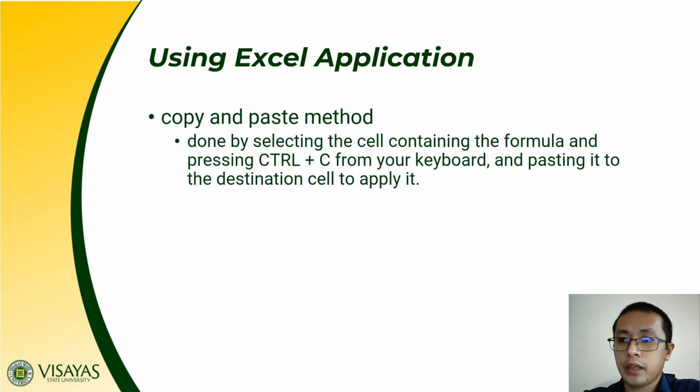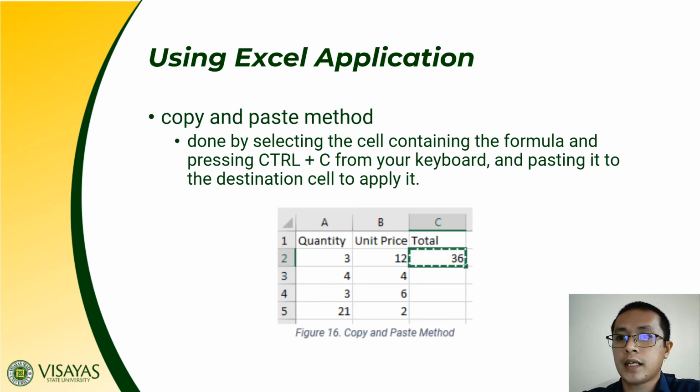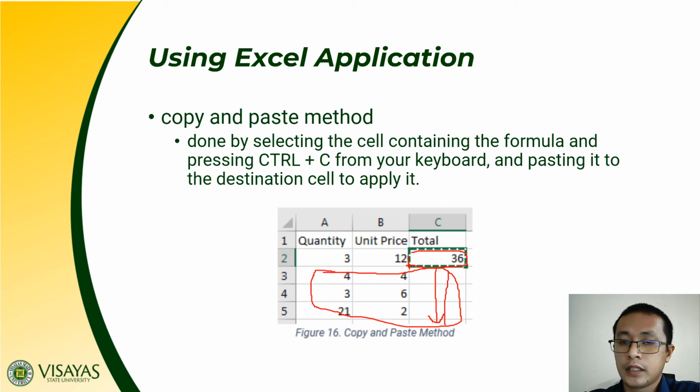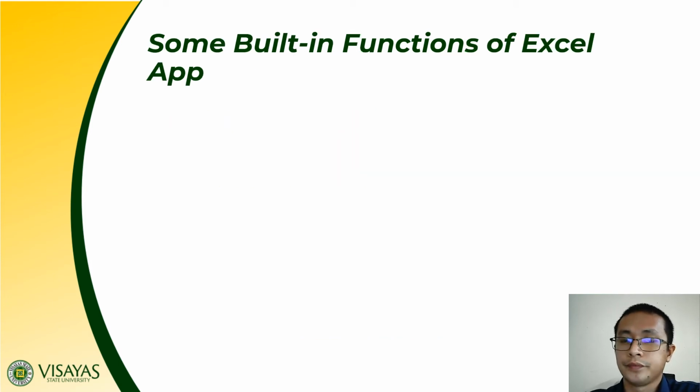Then the second method we have is the copy and paste method, where you can select the cell containing the formula and paste it to other cells on which the formula is to be applied. So select this cell and then Control C, and then highlight this cell and then press Control V, and then the formula is applied to every cell being selected. So that's your copy and paste method.